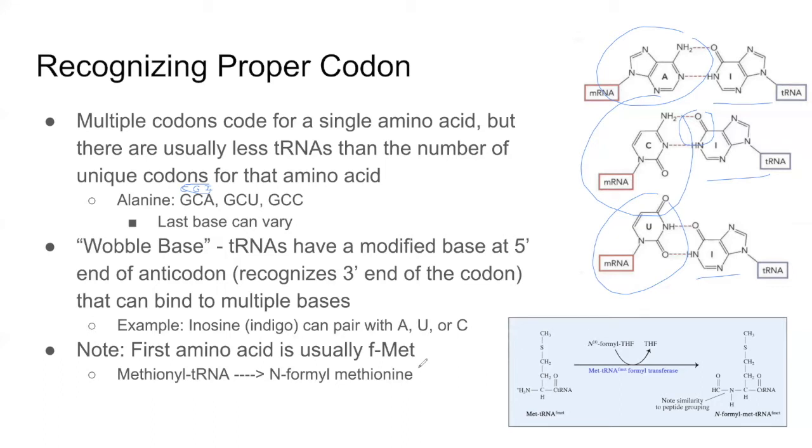And lastly, generally when we do translation, the first amino acid is usually N-formyl methionine. So usually it'll recognize methionine tRNA, but this special methionine has a formyl group attached to the amino terminus.